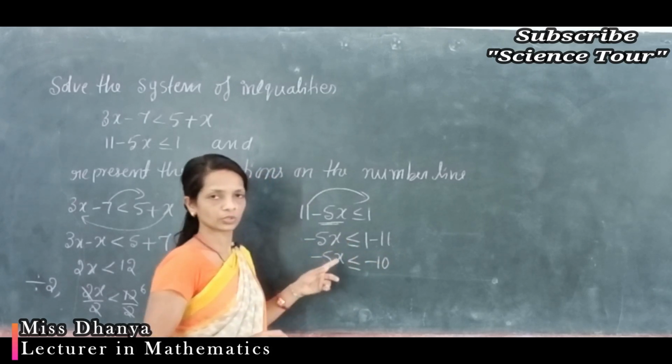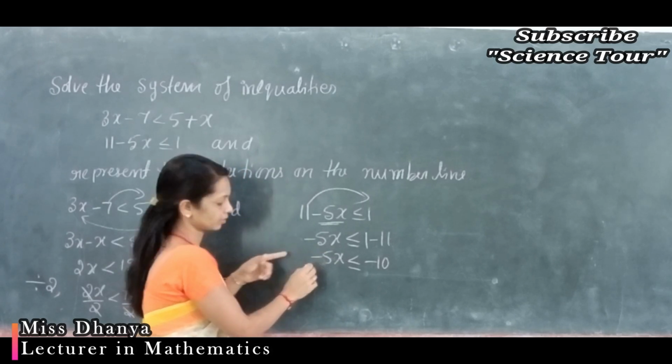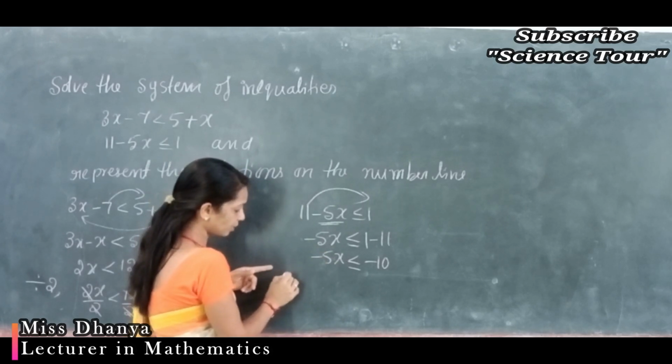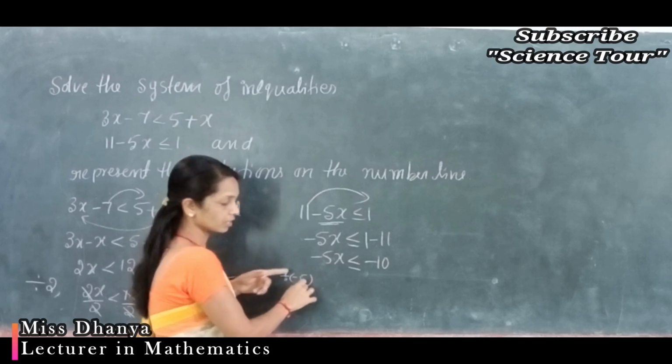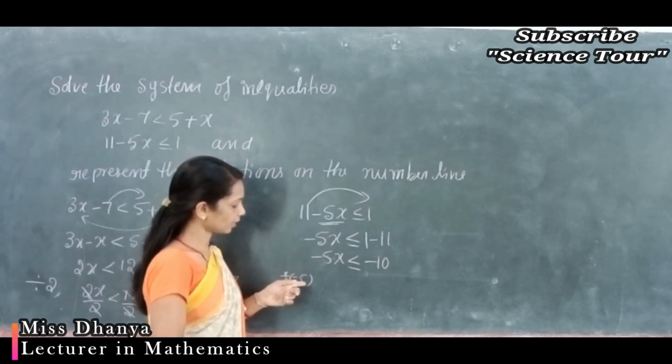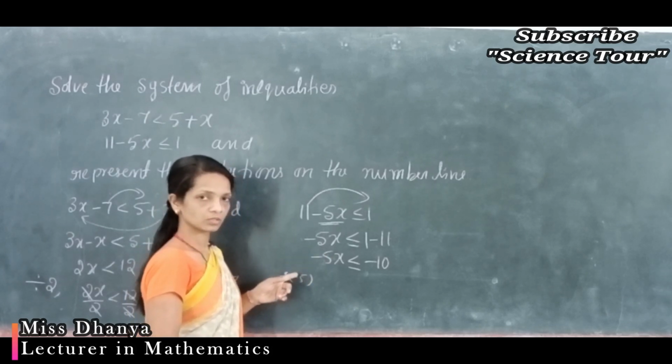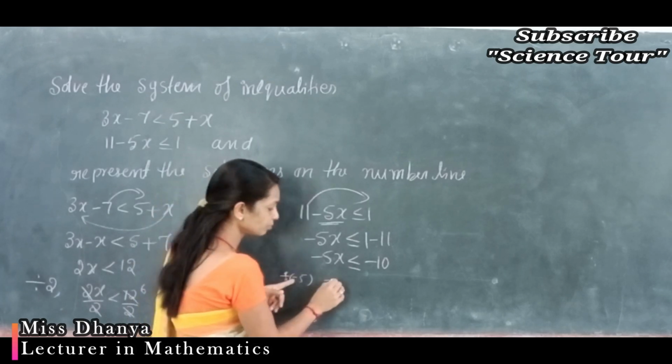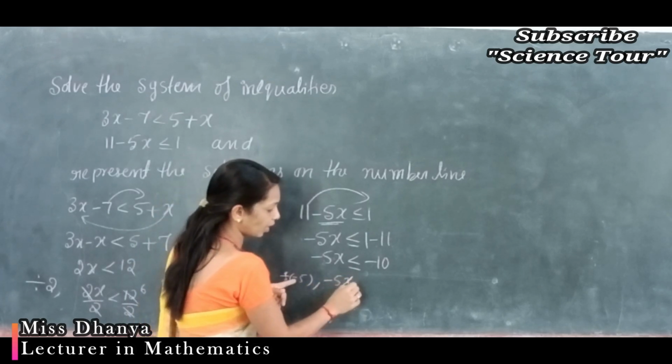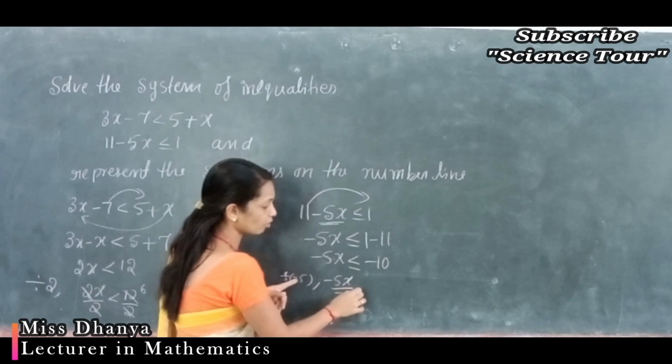With the 5x you have here multiplication by minus 5. To cancel that you have to divide by the same number, that is, you divide by minus 5. Observe this is a negative number. Since you are dividing by a negative number, you have to reverse the sign of the inequality.